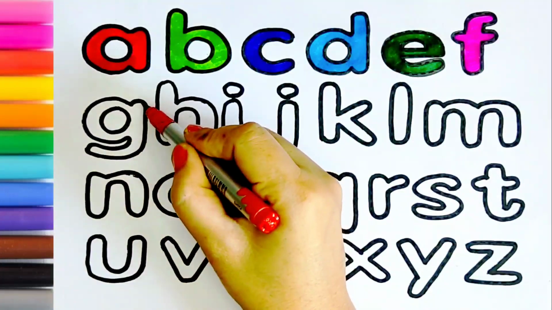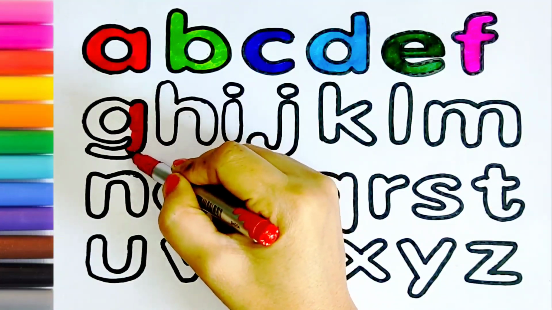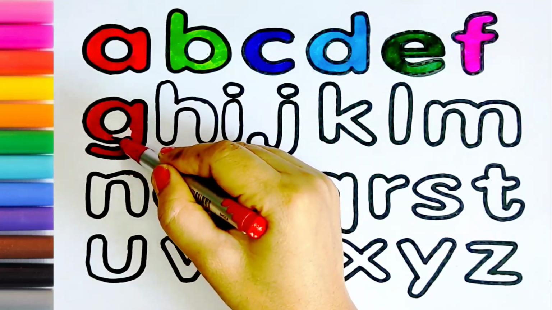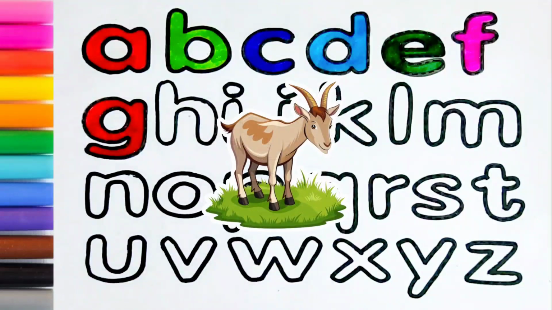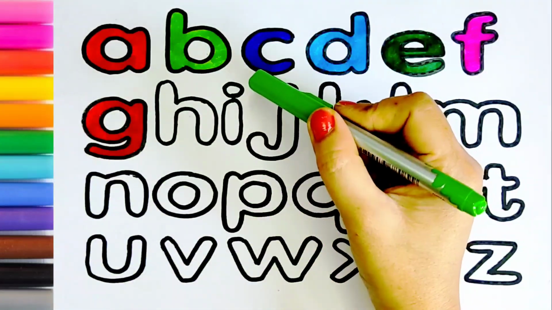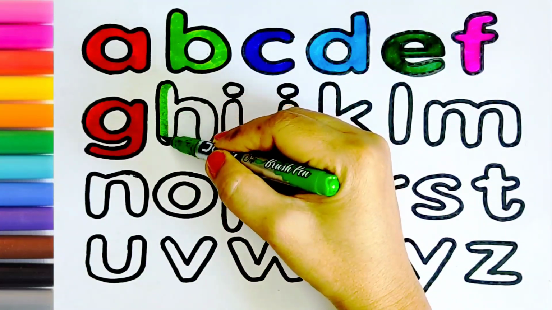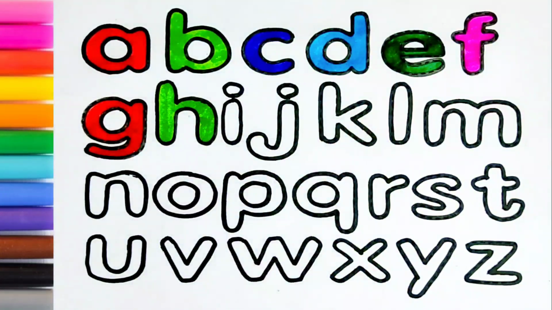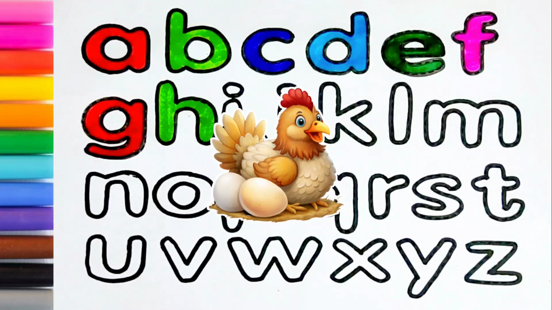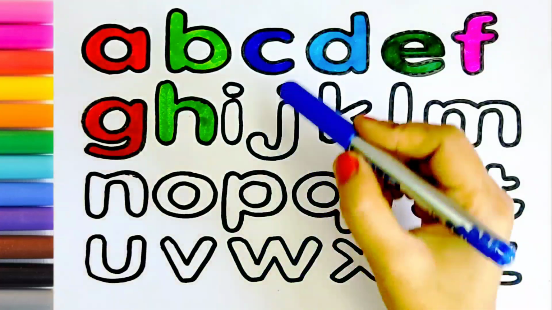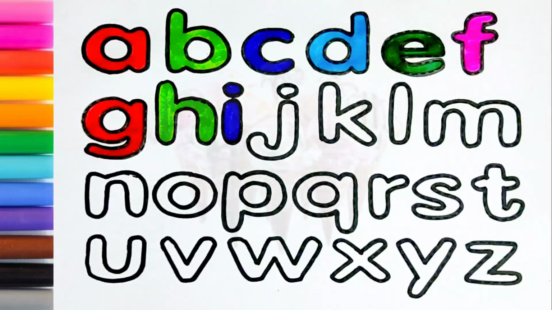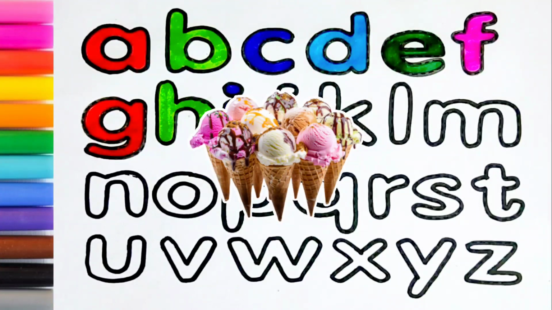Red color, G for goat. Light green color, H for hen. Blue color, I for ice cream.